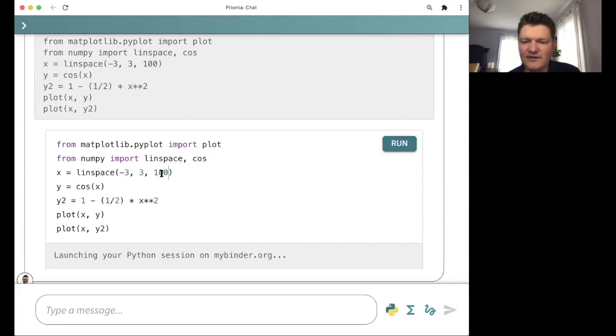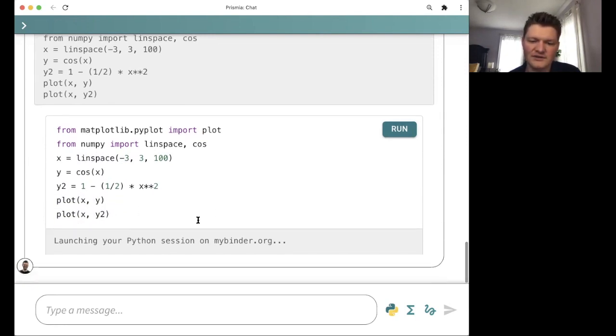That gives you 100 values starting at -3 and ending at 3, equally spaced. And you can use those to do your plotting. You take the cosine of each of those values, apply this polynomial to each of those values. So all of these operations are automatically operating entry by entry for each value in X. And then we just do 2 plot calls in the same cell, and matplotlib knows that we want those to appear on the same graph. So we'll get both of these things superimposed.